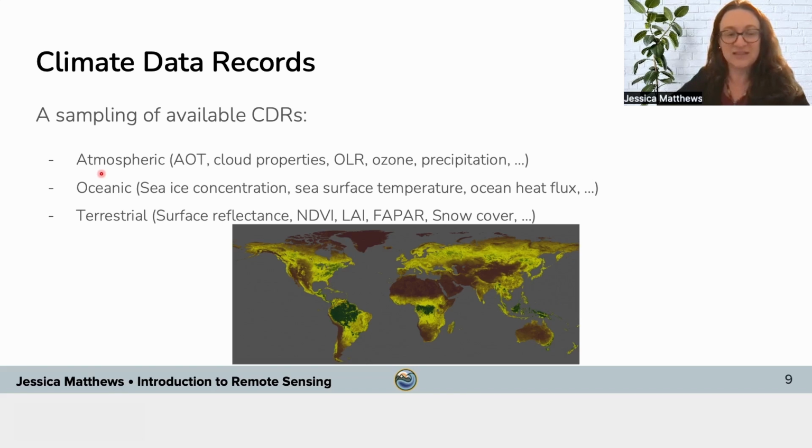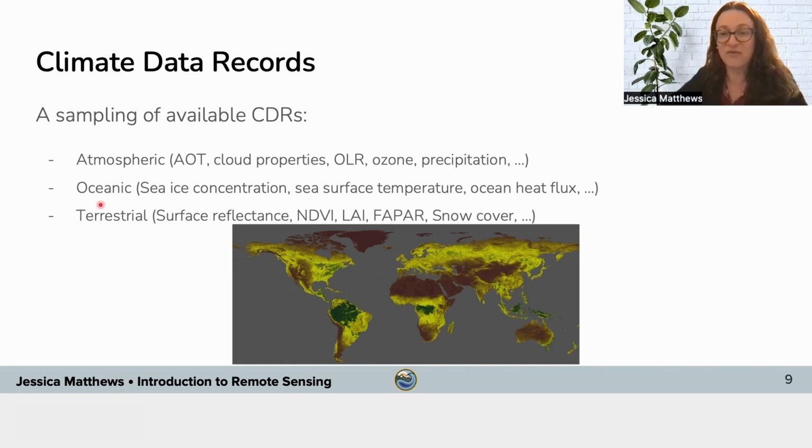There's a second bucket that's focused on oceanic variables, including observations of sea ice concentration, sea surface temperatures, and ocean heat fluxes. The third bucket is comprised of terrestrial variables, things like surface reflectance, normalized difference vegetation indices, leaf area indices, the fraction of absorbed photosynthetically active radiation, or FPAR, snow cover.